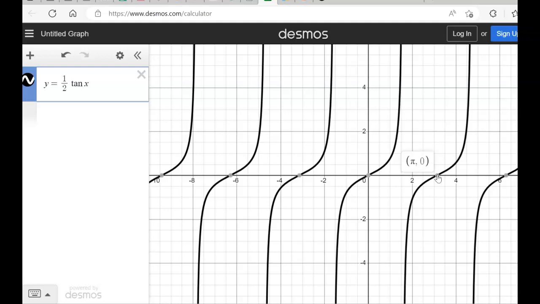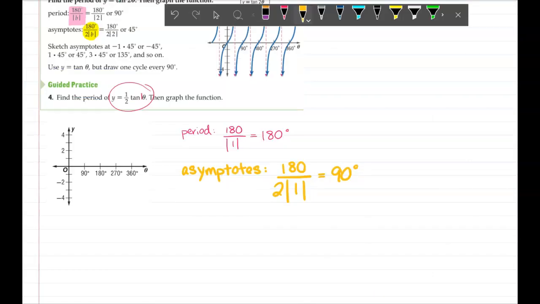We know that pi in radians is the same thing as 180 degrees. So this is 180 degrees right here. Can zoom out a little bit. This is 360 degrees. This is 0. So we know that it's going to cross at 0, 180, 360. So let's mark that. 0, 180, 360.